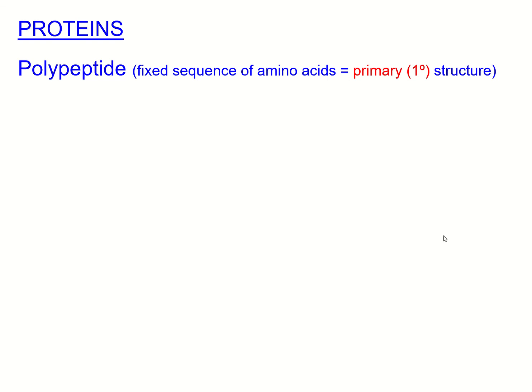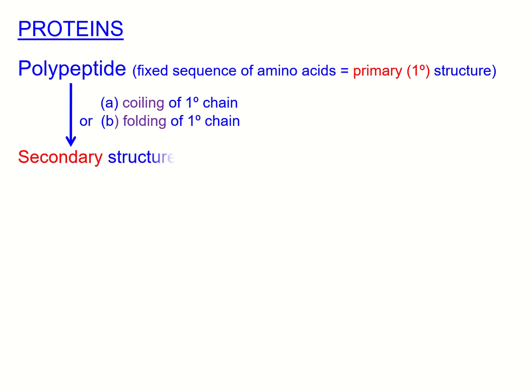Okay, so polypeptides or proteins have a fixed sequence, so a particular protein has a fixed sequence of amino acids. Those then have the ability to coil and to fold based on intermolecular forces within that primary structure, and that gives us the secondary structure. Okay, you have 2 types of secondary structure you need to know about. One's called an alpha helix, one's called a beta pleated sheet.